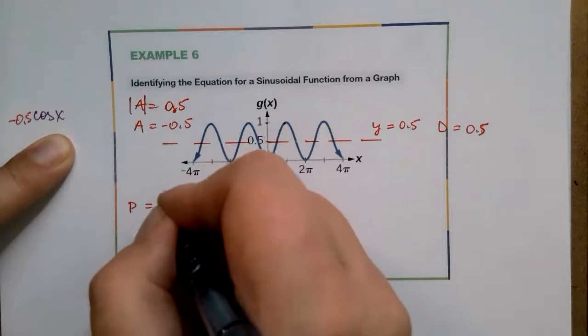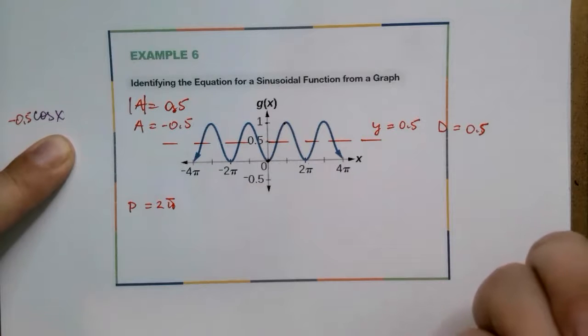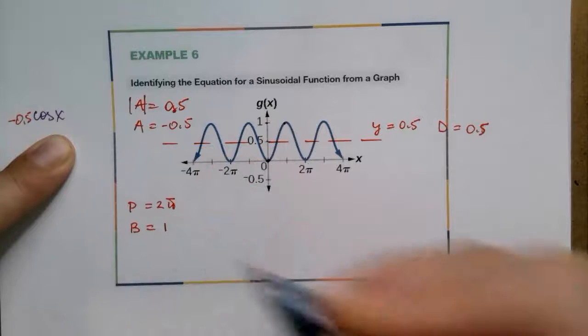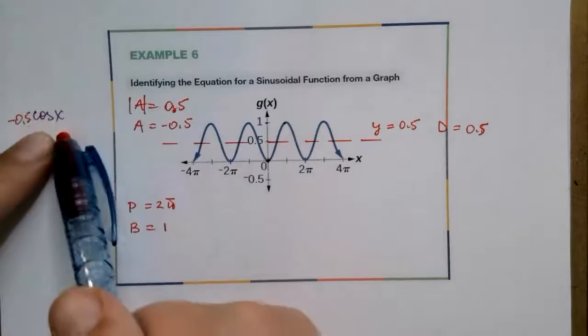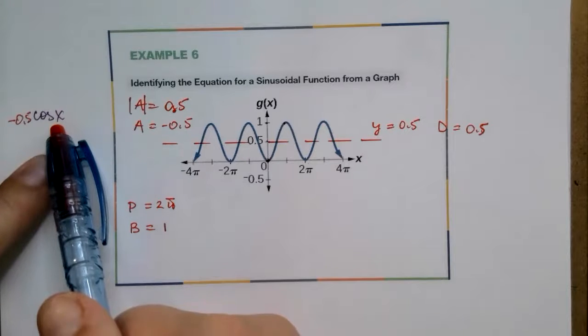So the period is 2 pi, which is standard for a sine or cosine function. So we will conclude that b equals 1. Okay, so there is a coefficient of 1 in front of x, and so we're not going to change anything here.